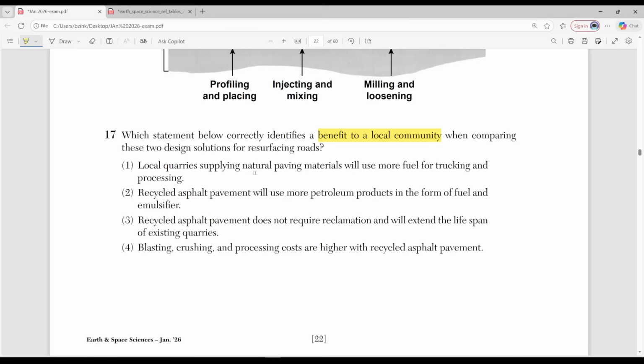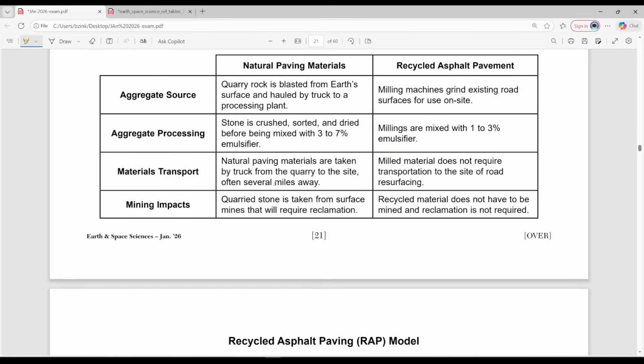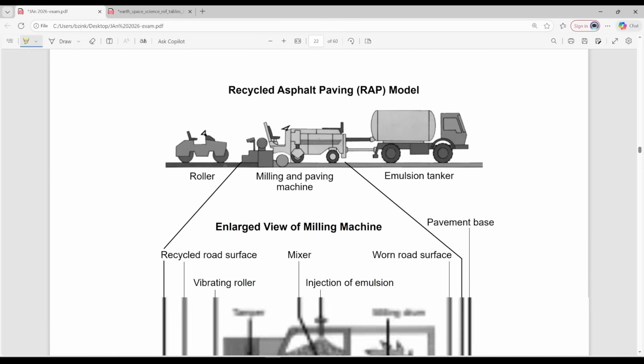Local quarries supplying natural paving materials will use more fuel for trucking. Let's see. Natural. So we got natural. They use, okay, by truck. And this one doesn't require transportation. So that's true.